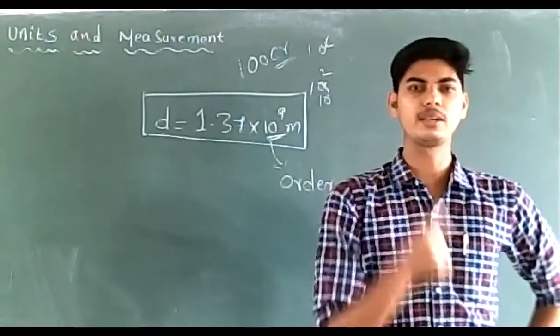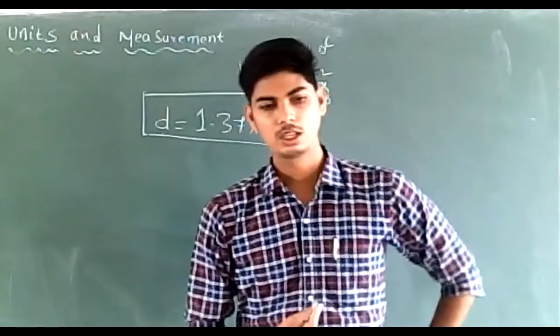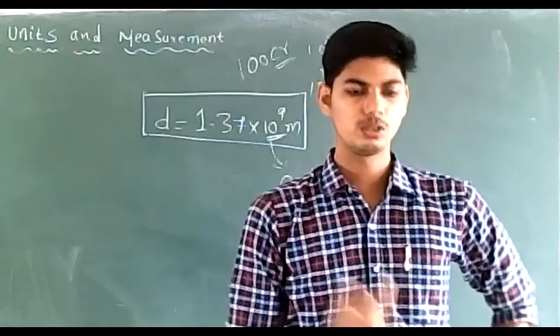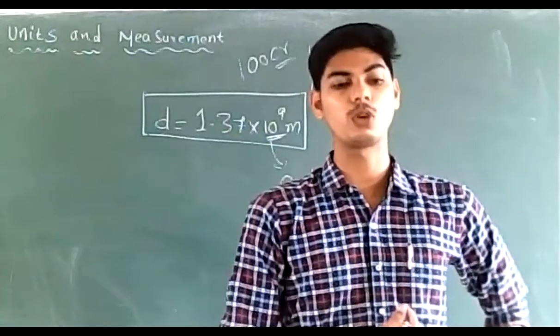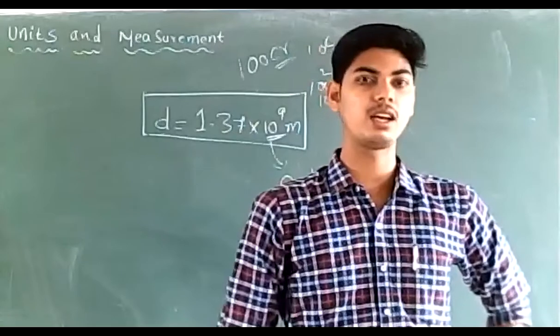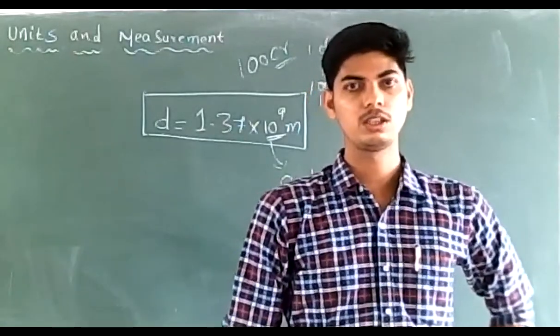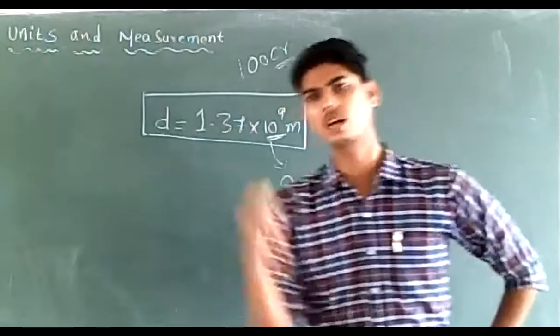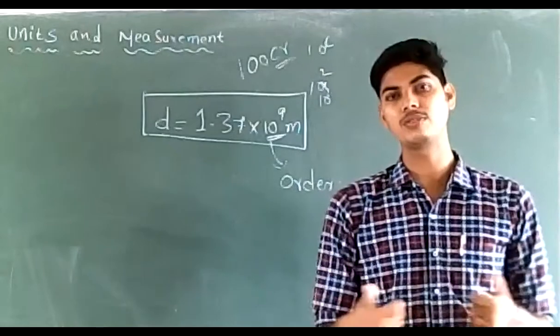Can you see an atom? Okay, size of an atom, size of a nucleus, size of an electron, size of a proton, size of a bacteria, size of a dust particle, right? All these sizes are quite small. Can we measure them using the scales we have?